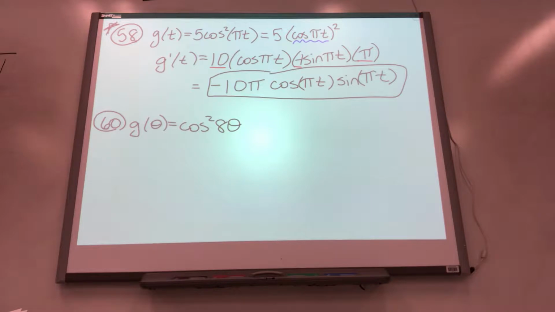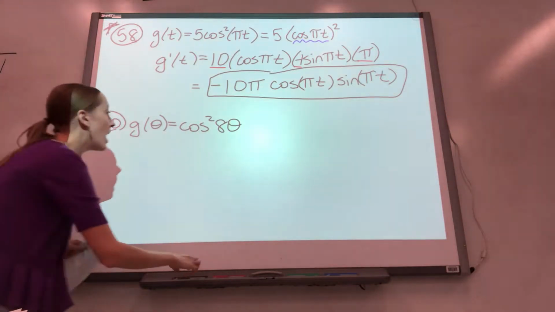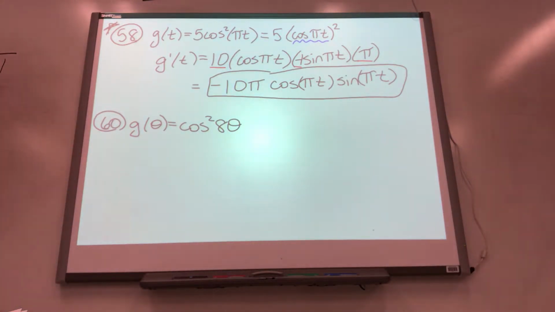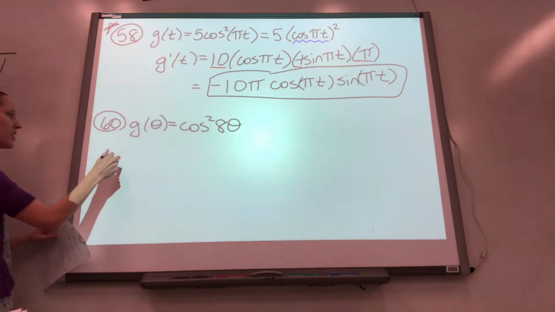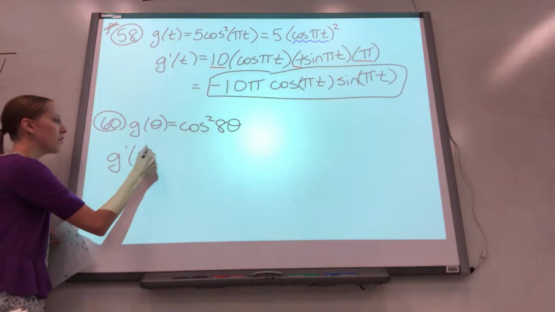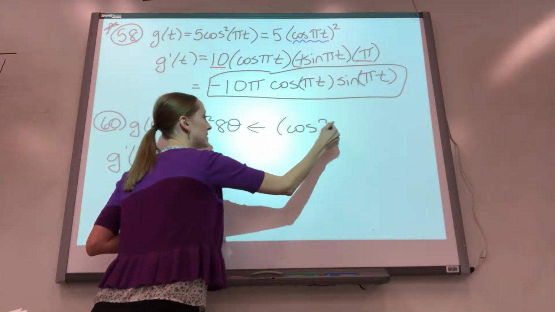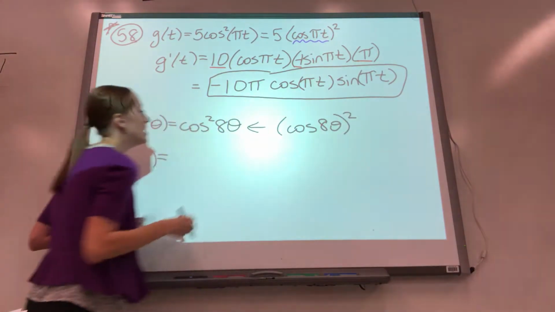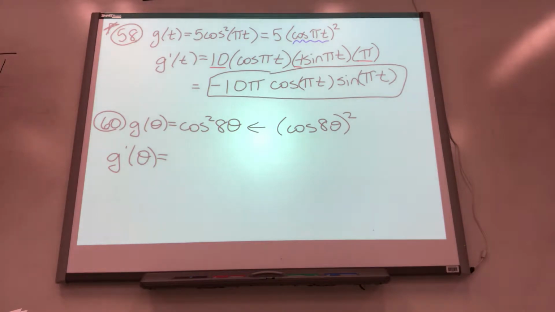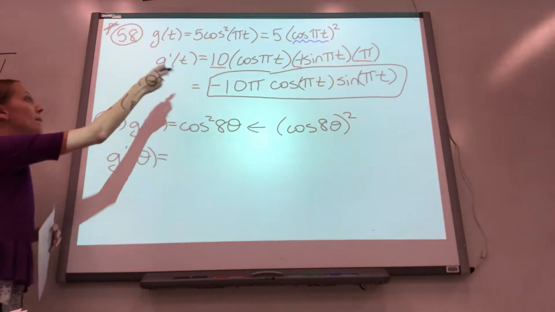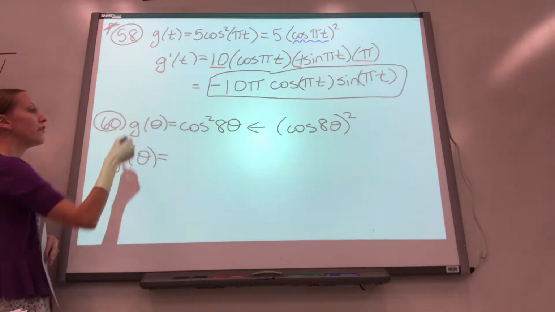Now 60 is the next one up here, and then we'll go back through and look at the other answers. So before I do the derivative here, let's think of this as cosine of the entire thing, 8 theta, that entire cosine is being squared. It's actually similar to 58.